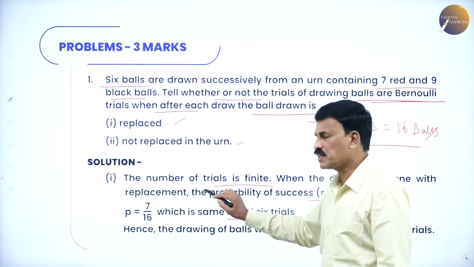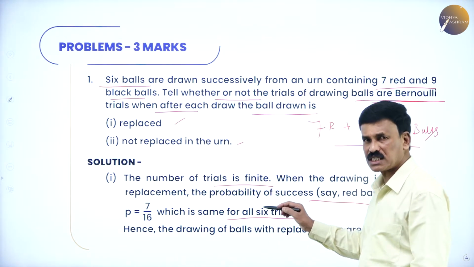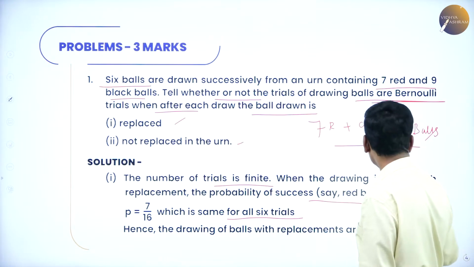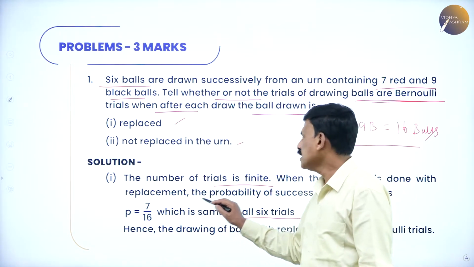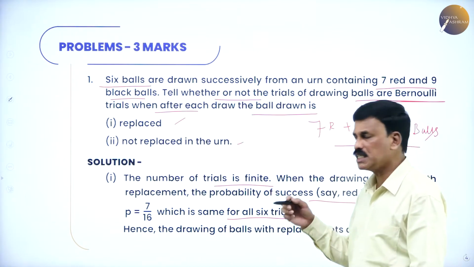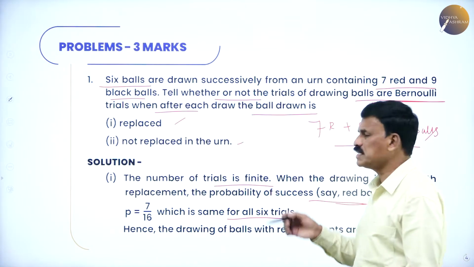See, the number of trials is finite. The first condition is satisfied. When the drawing is done with replacement, the probability of success, that is getting a red ball, will remain the same.